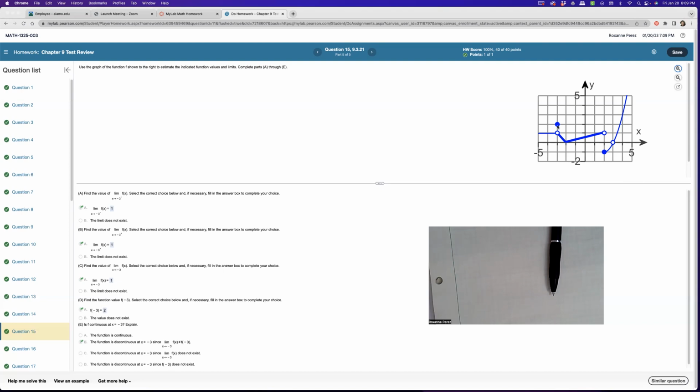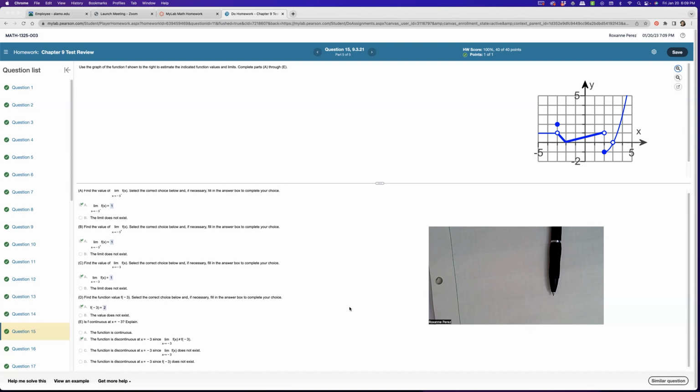Okay, so then our last part is, is f continuous at x equals -3? And if not, explain. It is not continuous.